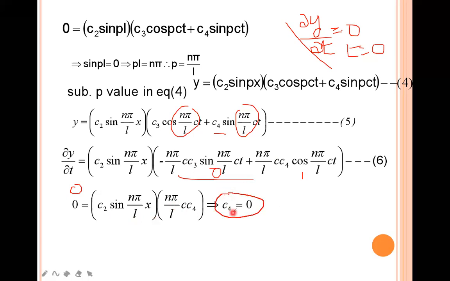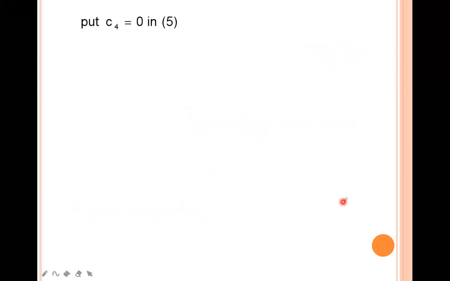Now substitute this C4 in equation 5. If C4 is 0, this term is 0. Therefore y equals C2 sin n pi by L x into C3 cos n pi by L Ct. Rewrite this equation: y equals C2 C3 sin n pi by L x into cos n pi by L Ct.